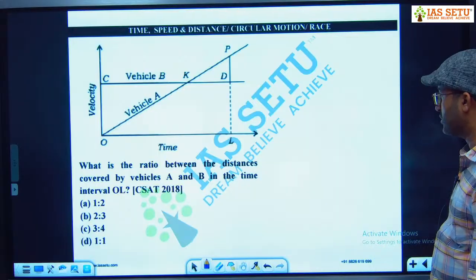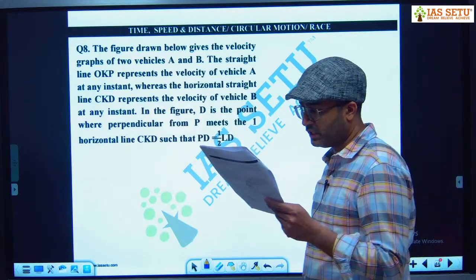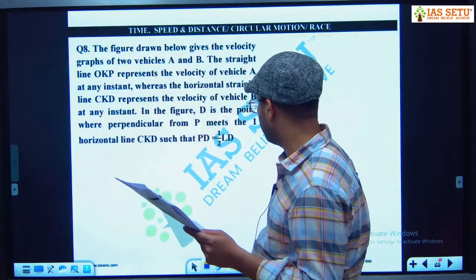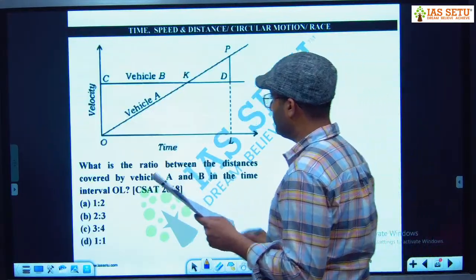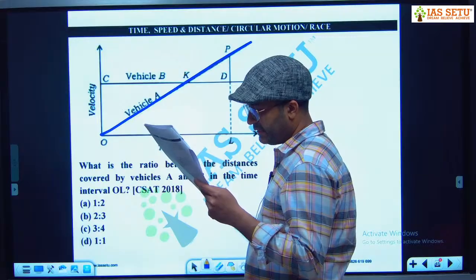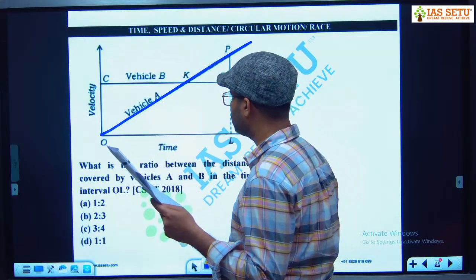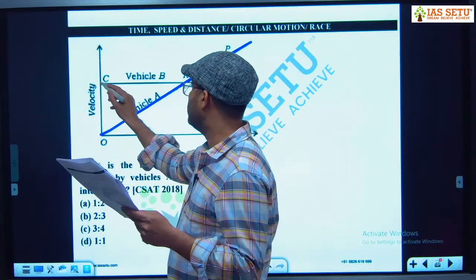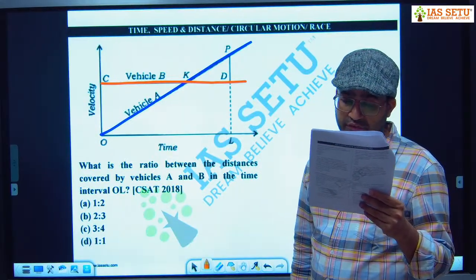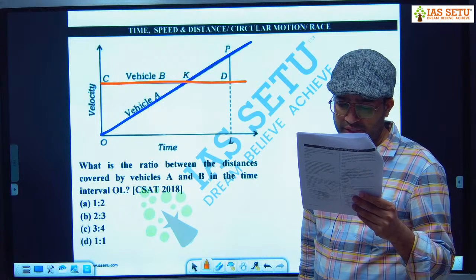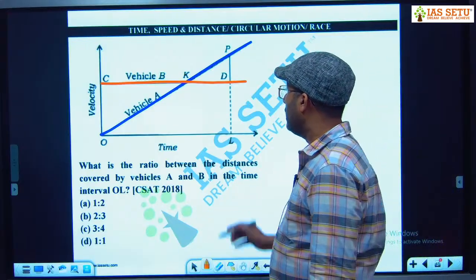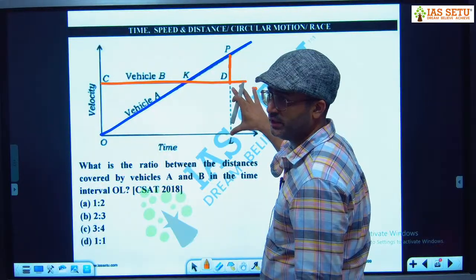Now here we read this paragraph first. क्या लिखा है पूरा? The figure drawn below gives the velocity graph of two vehicles A and B. Straight line OKP represent the velocity of vehicle A. ठीक है, जो ये है ये velocity of vehicle A है at any instant, whereas horizontal line, straight line CKD represent the velocity graph of vehicle B. In this figure, D is the point where perpendicular from P meet horizontal line CKD such that PD is equal to half LD. ये कहना चाह रहे हैं ये जो PD है ना ये half LD है.